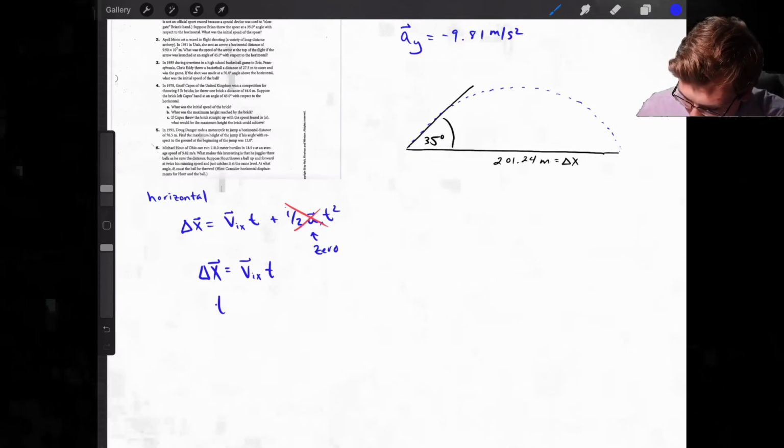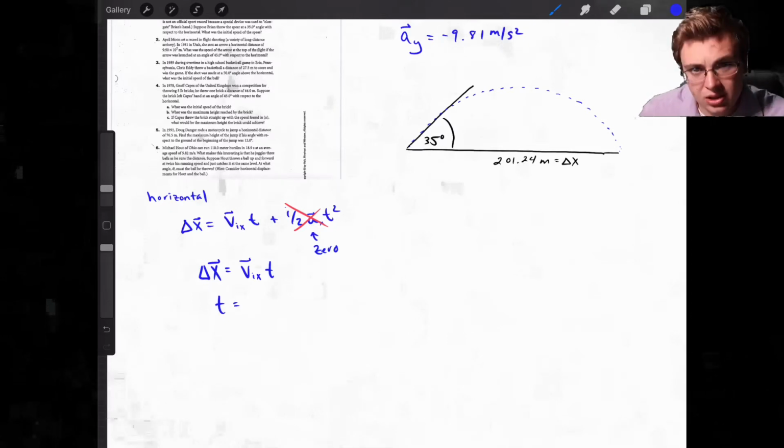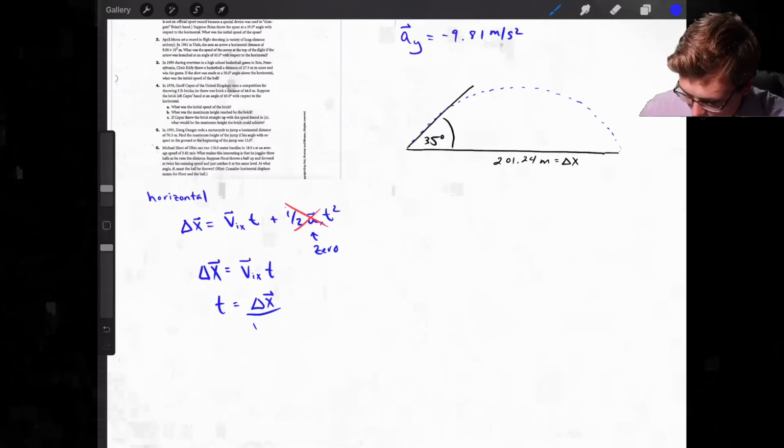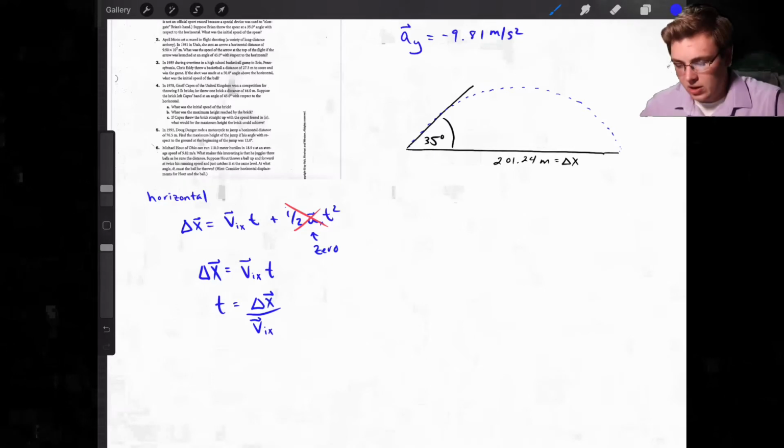I'm going to solve this for t so we can use it later.